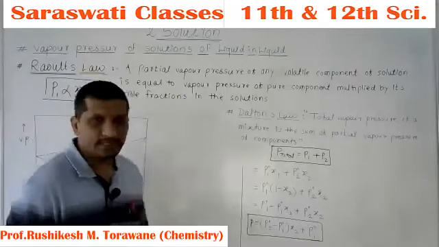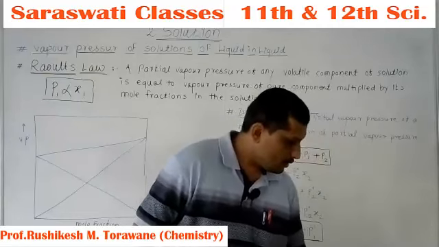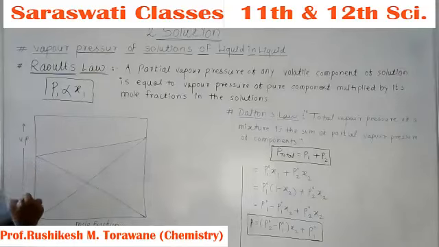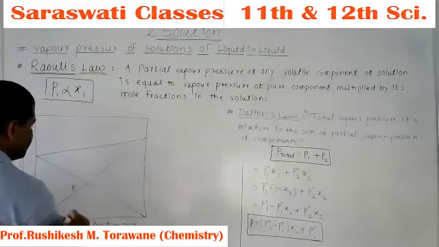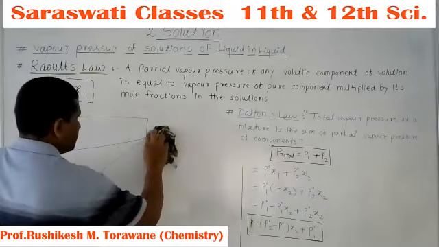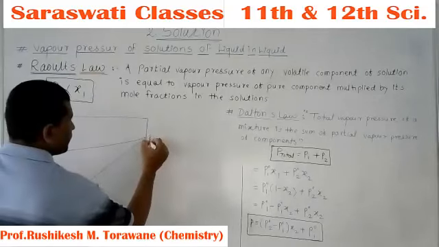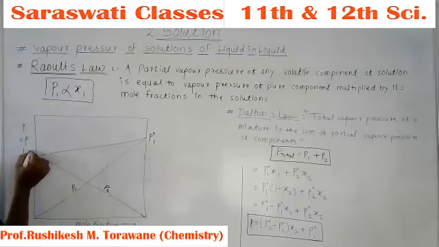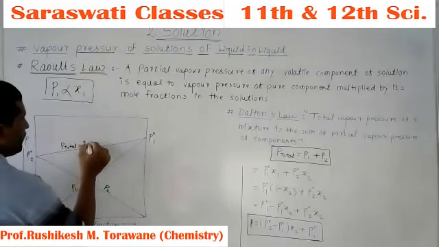This graph is essential to understand, because non-ideal deviations can then be understood easily. On the vapor pressure axis we represent P1 and P naught 1, P2 and P naught 2, and here P total is equal to P1 plus P2.